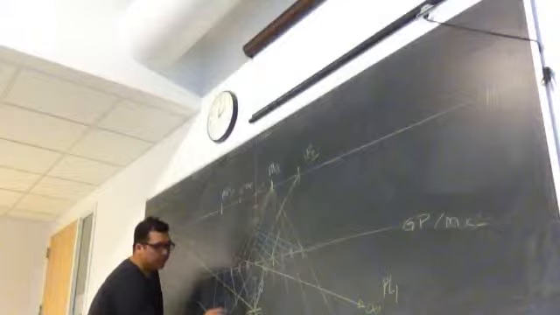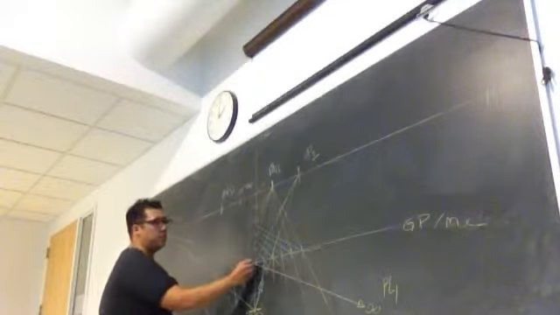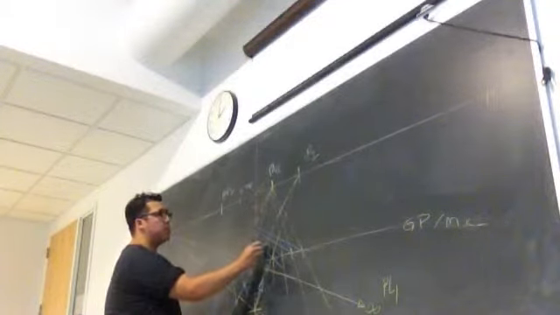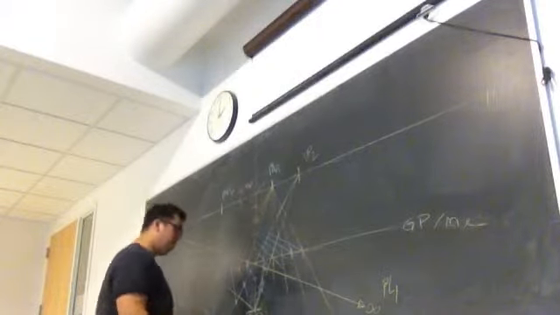So, now I have these points of intersection, where these units of measure are intersecting my pipelines.